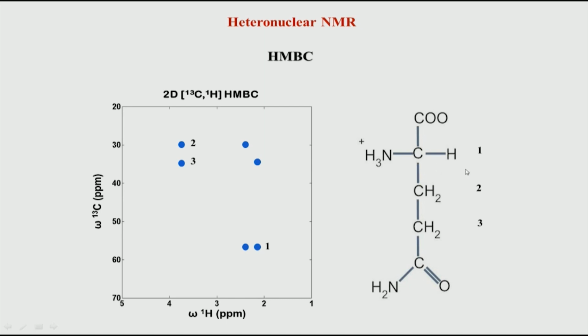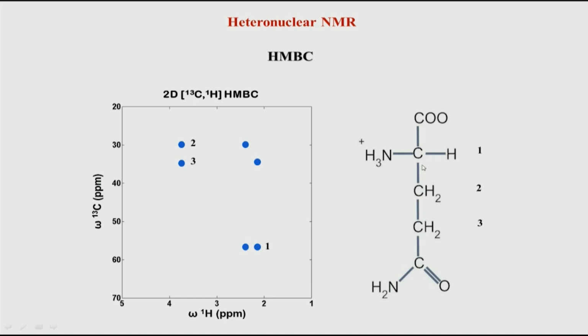What you will see is that this proton is coupled to this carbon by one bond, but as I said it can also have a further remote coupling to another carbon which is 2 bond, which will be smaller compared to this, which is typically, let us say, 140 hertz. This will be much less, about 10 or even less, and you can also have a further coupling on this side, even smaller.